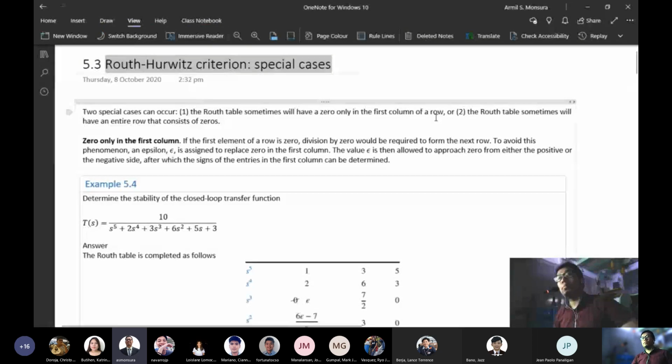So naging special case yun kasi kung maalala nyo, lahat ng elements natin sa first column, ginagamit natin as a divisor para makuha nyo yung next row. So kapag nag-divide by zero kayo, syempre magkakaroon ng problema doon. Or number two, the route table sometimes will have an entire row that consists of zeros. Okay. So, yun yung dalawang special case na pag-uusapan natin.